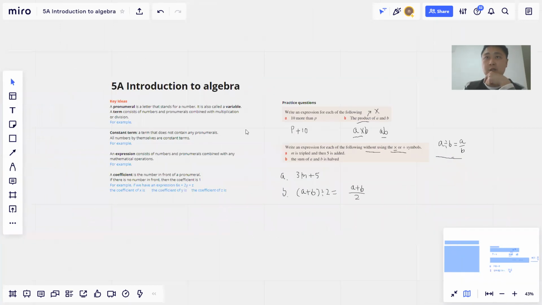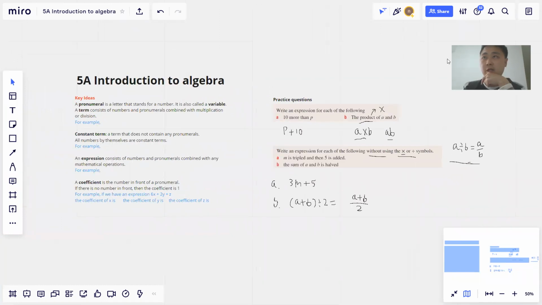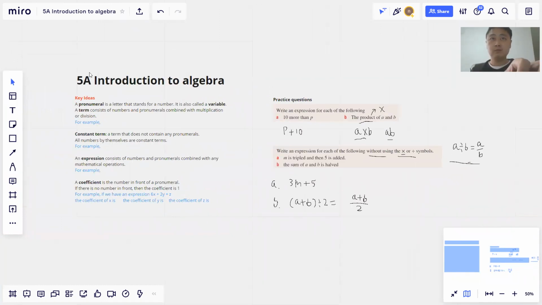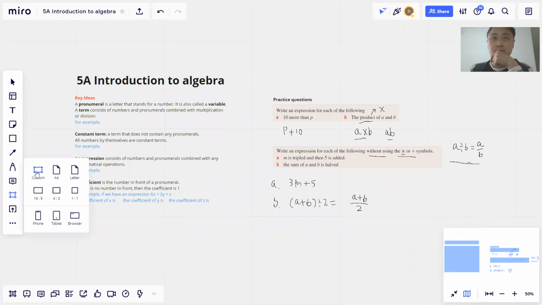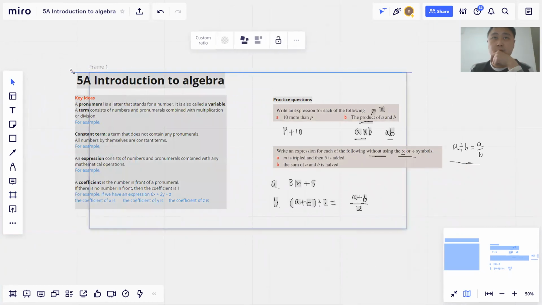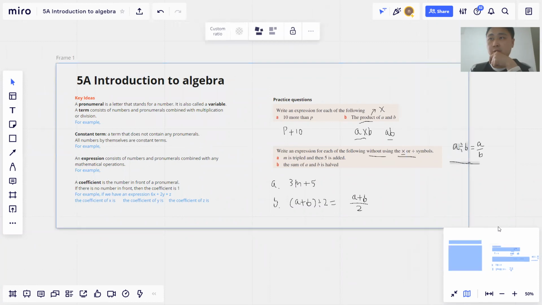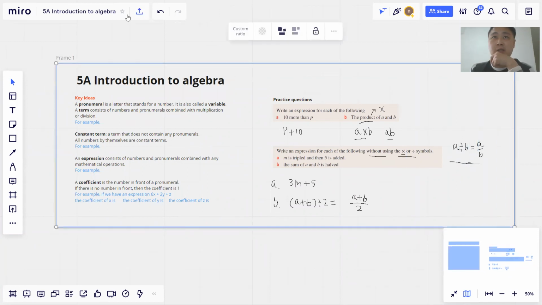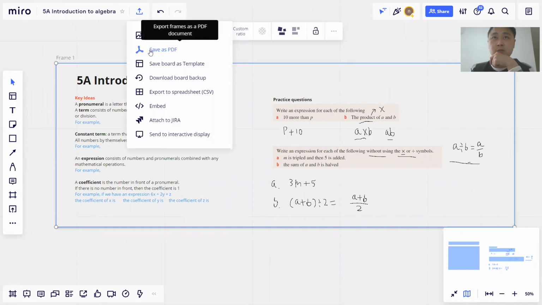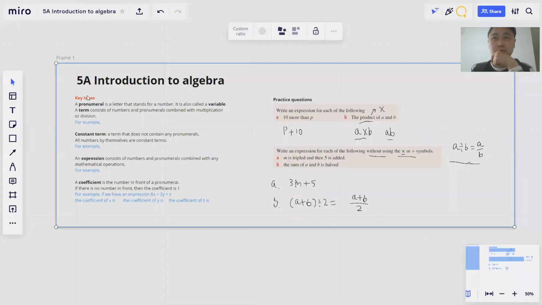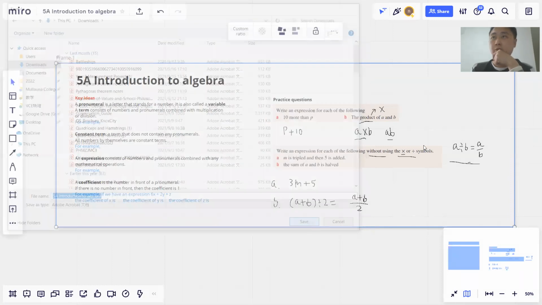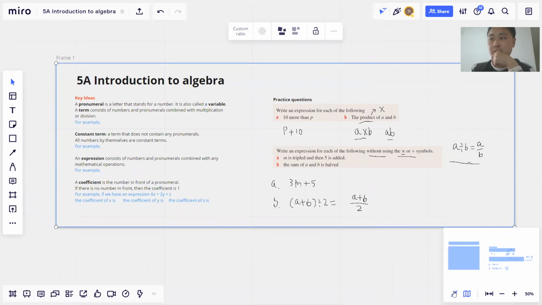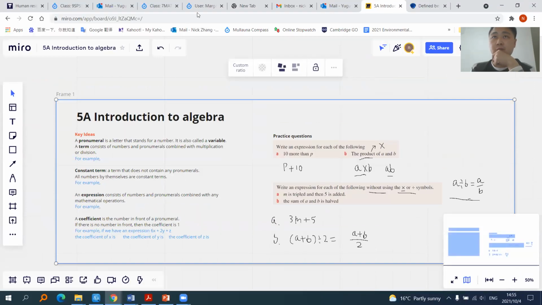So here are the notes, I just download it for you. I will put the notes in our resource so that you can download. Just a sec.